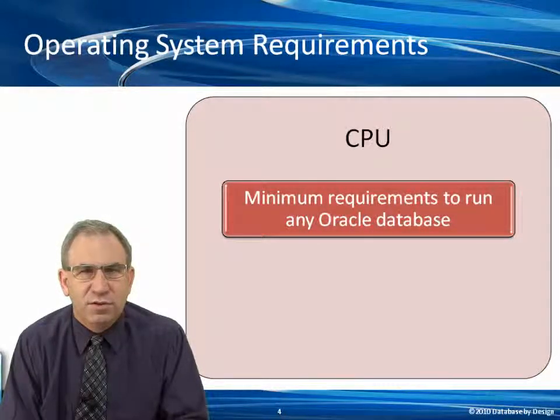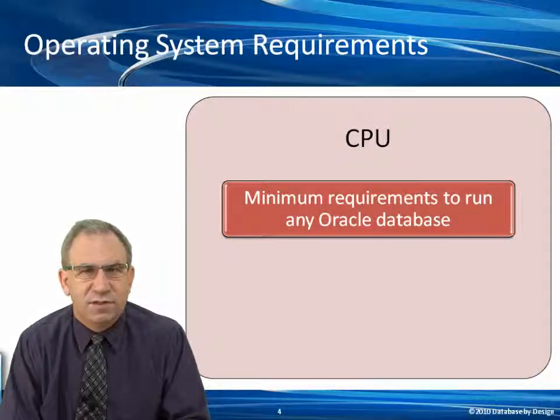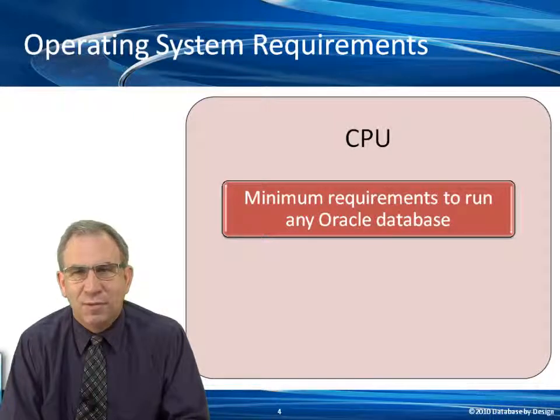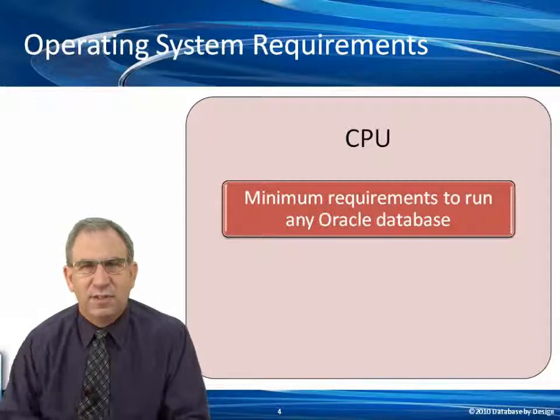Obviously, your CPU on your primary can be different than the CPU on your physical standby. That doesn't matter. As long as they're the same base operating system, Linux to Linux, Windows to Windows, it doesn't matter. But they have to meet the same minimum Oracle requirements, which everybody does. The minimums anymore are so low, nobody is going to deal with the actual minimums anymore.